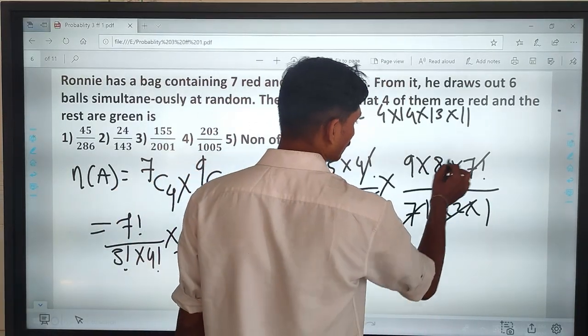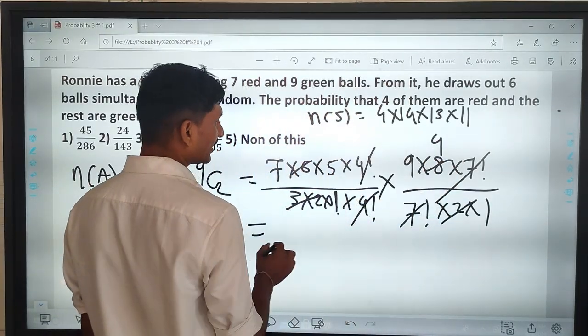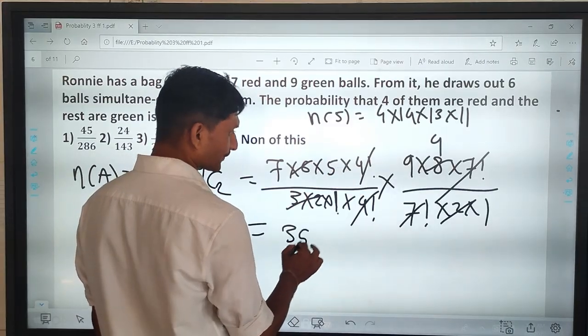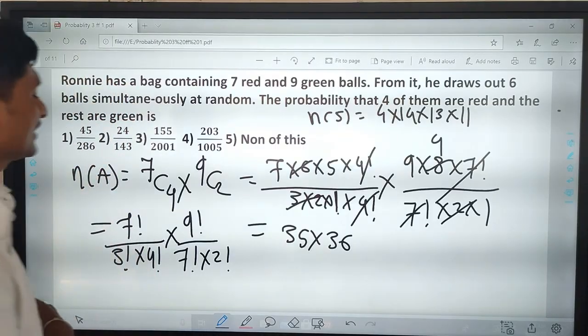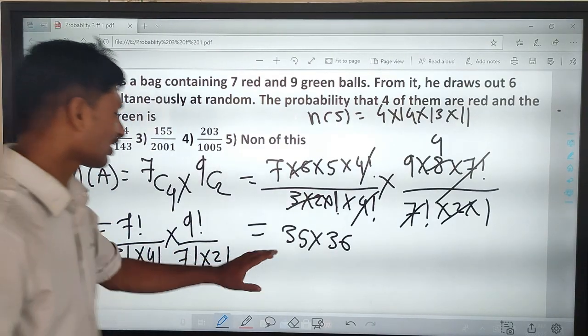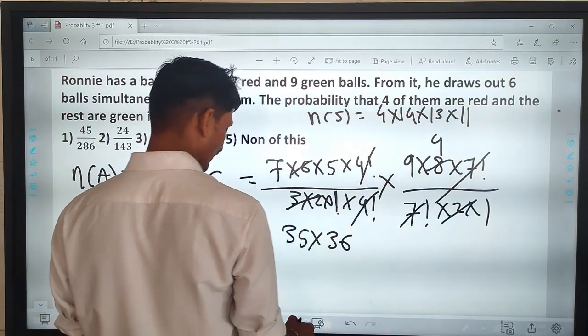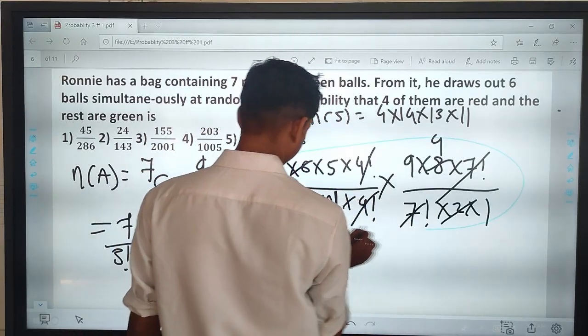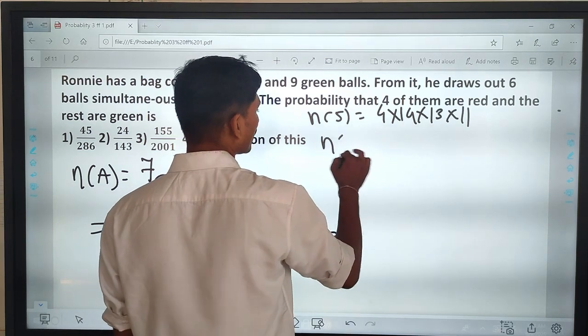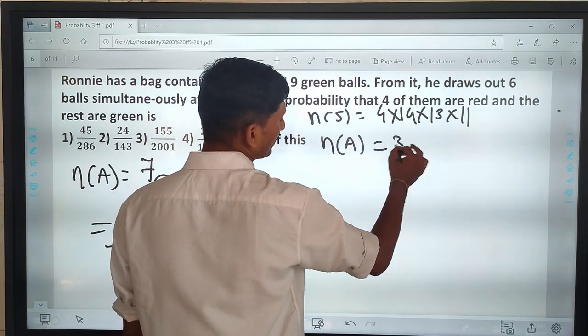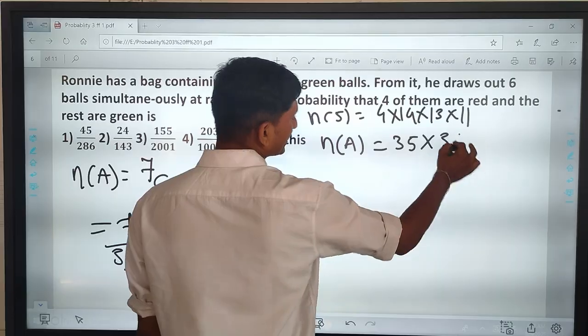Here 2 into 4 is 8. Then remaining is 7 into 5 is 35 into 9 into 4 is 36. This is your n of A. Then n of A is equal to 35 into 36.